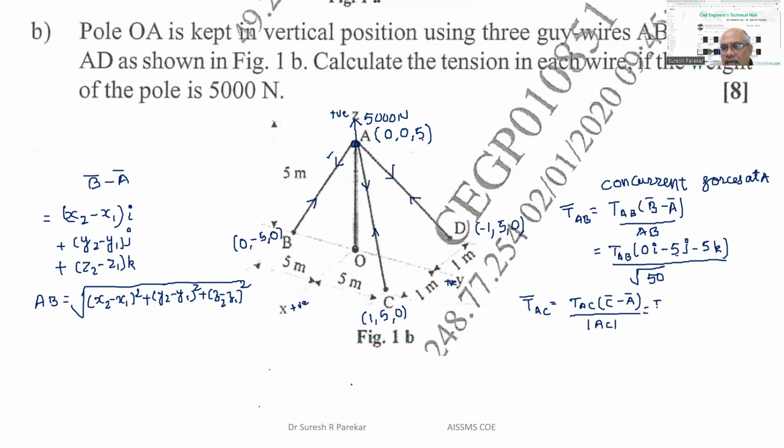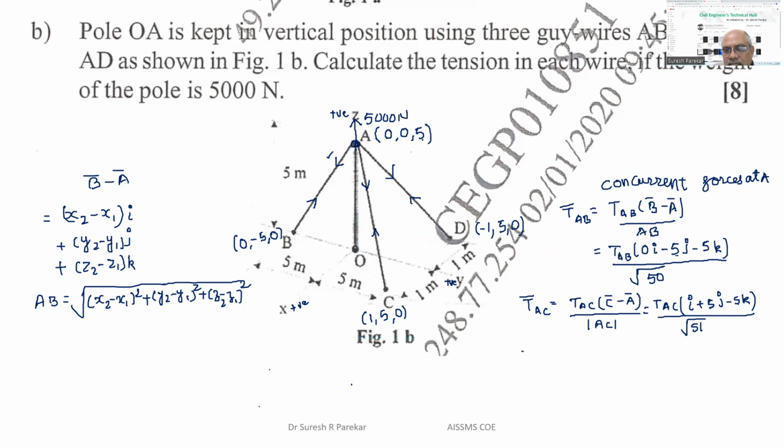Now we have TAC in bracket: 1 minus 0, so we have I, then 5 minus 0, so plus 5J, and then 0 minus 5, so minus 5K, divided by root of 1 square plus 5 square plus 5 square, and this will be root 51.